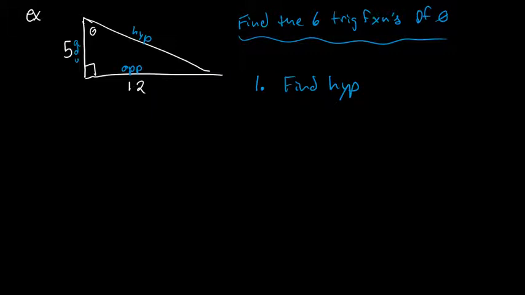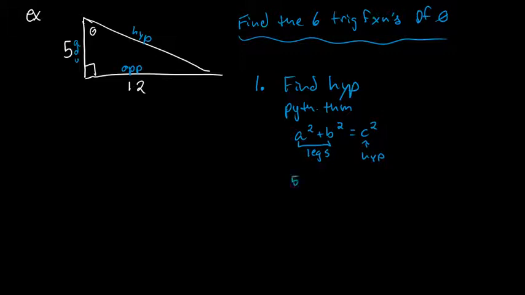If I have a right triangle, I can use the Pythagorean theorem, which you guys should know from geometry. This is a squared plus b squared equals c squared. So a and b are my two legs, and c is my hypotenuse. So I plug my numbers in.